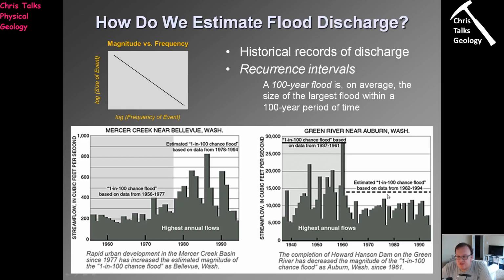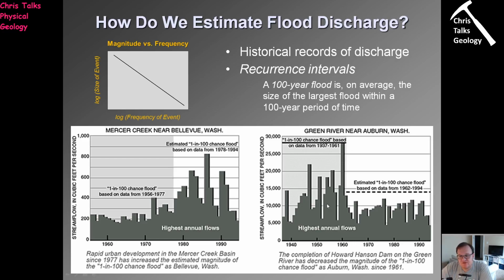In contrast, for the period from 1962 to 1994, the maximum flood would be here, about 1977-ish, and that had a stream flow of about, give or take a little bit, 12,000 cubic feet per second, so considerably lower. And so once again, depending on where you take your data from, it's going to affect your 1 in 100 year flood. So you can skew the data if you want. It depends on the data you choose.